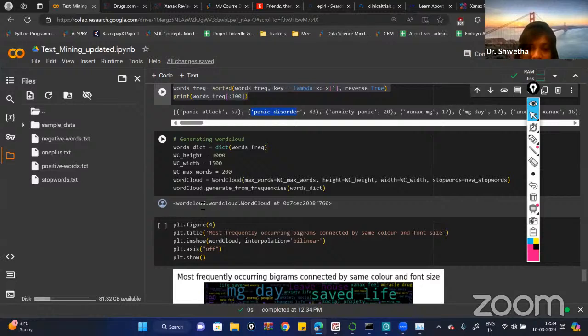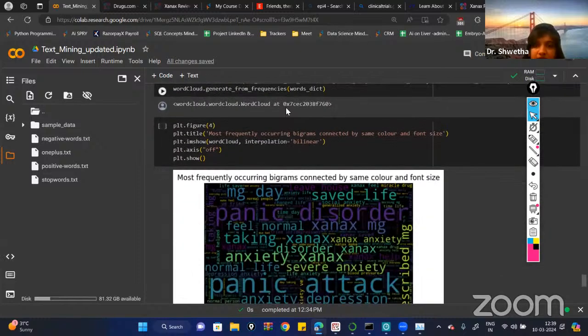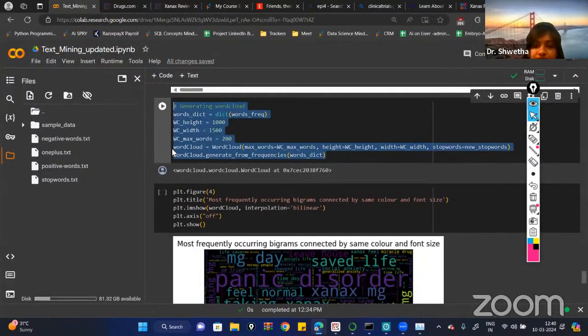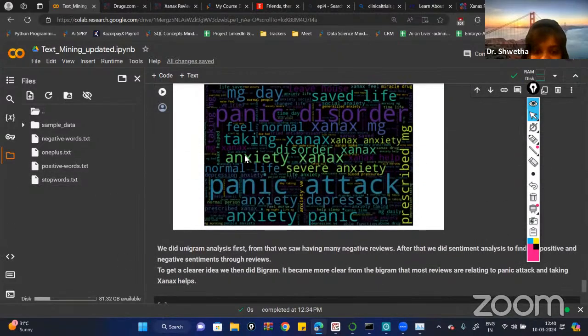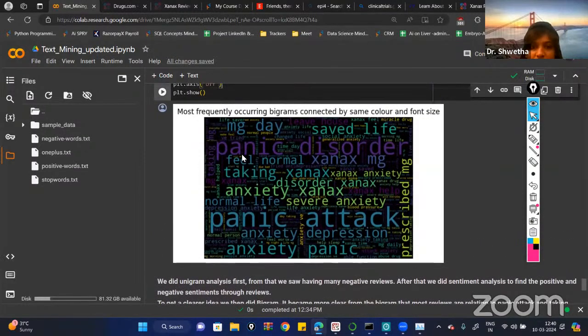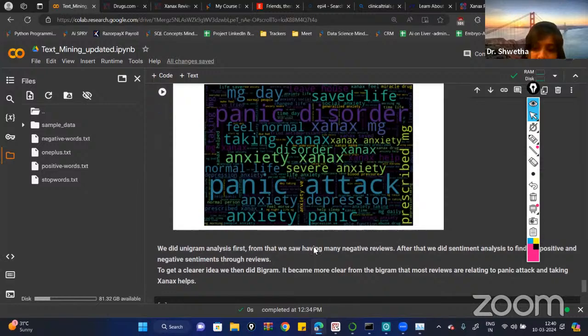We are not using more than 200 words. Okay. And then generating the word cloud with a dictionary. PLT is again using matplotlib library to show the most frequently occurring words in the bigram. Okay. So panic attack, anxiety, depression, panic and anxiety. All these bigrams are the most used words.